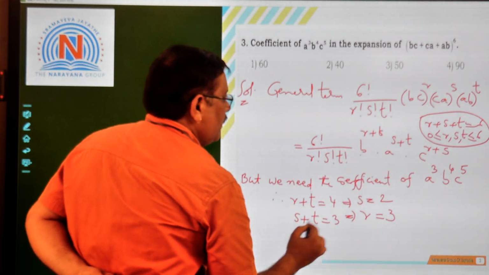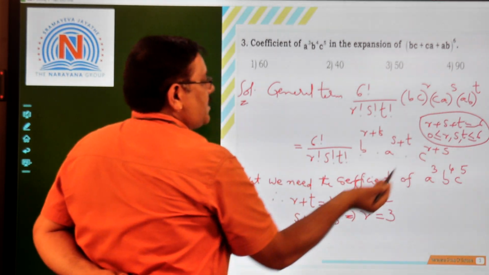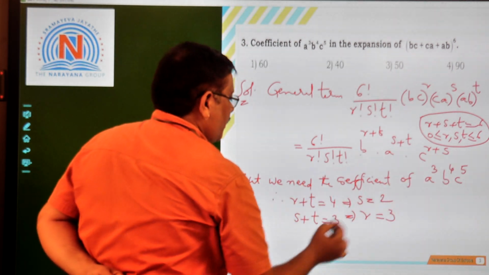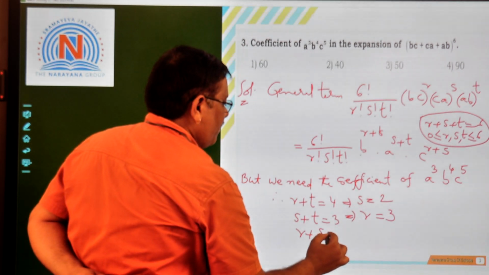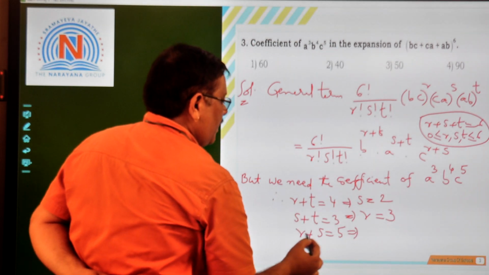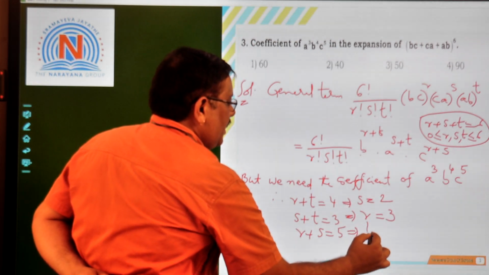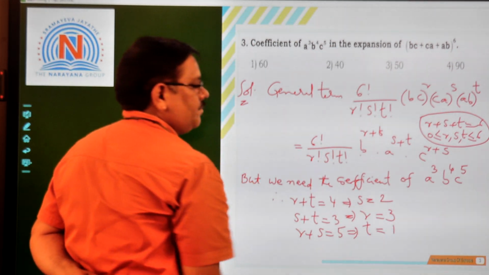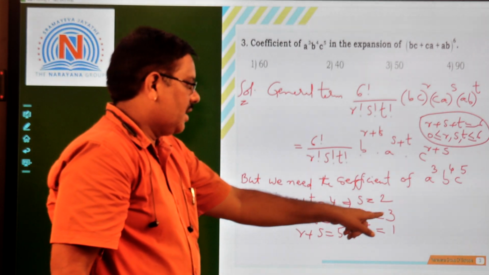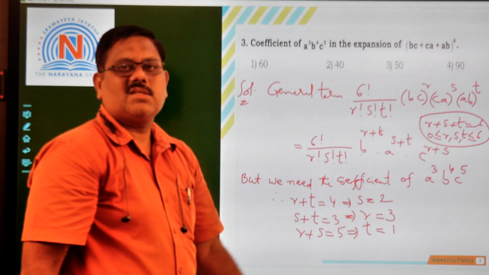Next we have the third, c. C power r plus s. R plus s is 5 here, so r plus s is equal to 5. So t value we have is 6 minus 5, that is 1. So we got the value of r as 3, s as 2, t as 1.